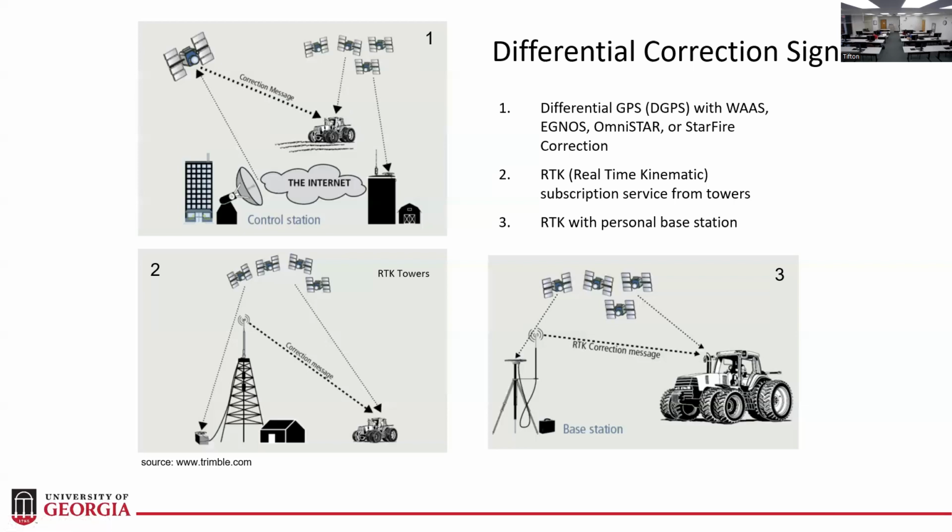So the satellite doesn't communicate with the other ones. Not all satellites are geostationary. So just look at the arrows here. Your correction message goes to here, and then it goes directly to your receiver.